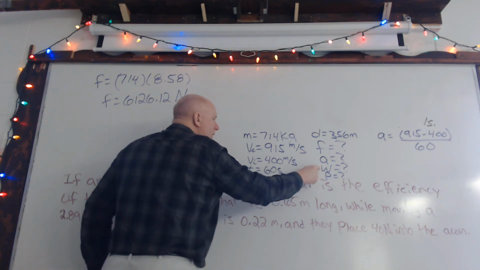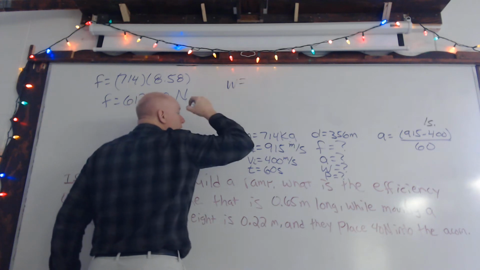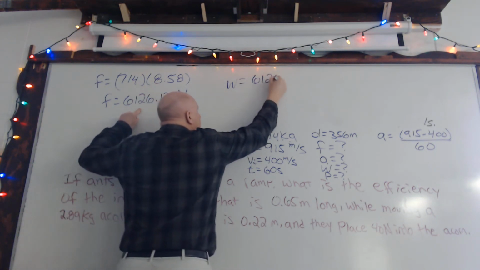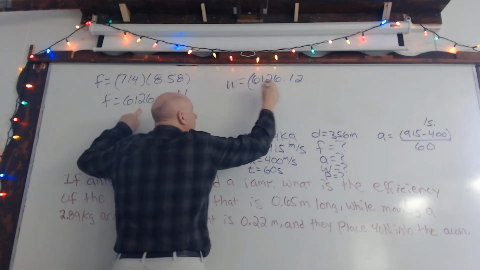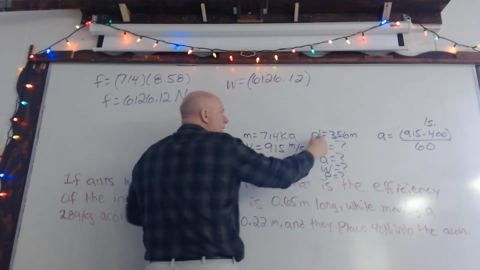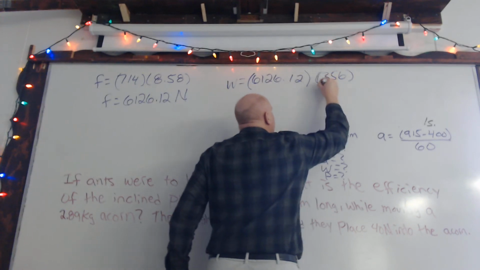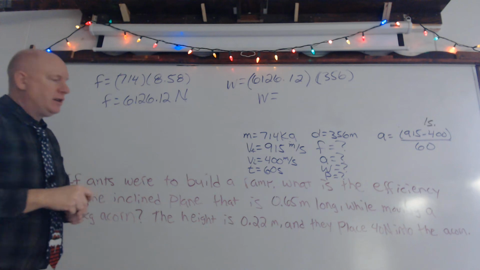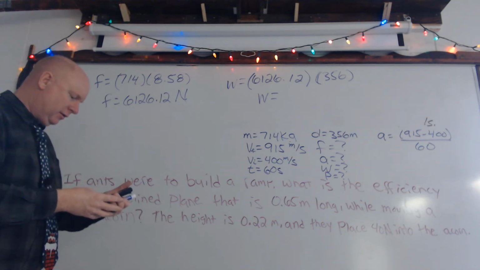Now we need to find the work. That's fairly simple. Our work equals our force, which we just calculated, 6126.12. And work equals force times distance, which we also have here as well: 356 meters. So that gives us our work now, 6126 times 356.